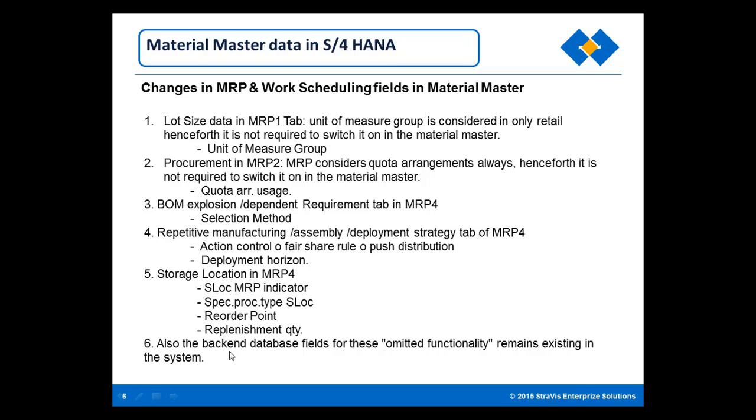So also the backend database fields for these omitted functionality remain existing in the system. So let us see the differences on the S4 HANA and ECC. I will log into both the systems and I will show you the differences in a clear fashion.